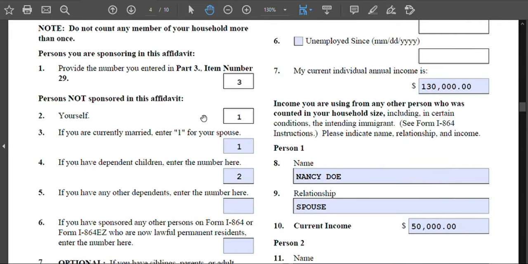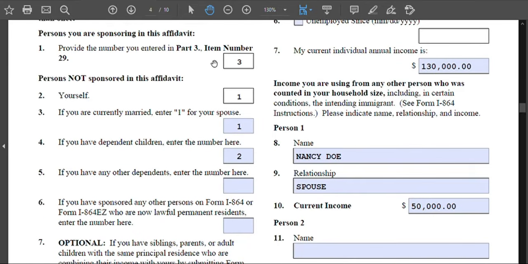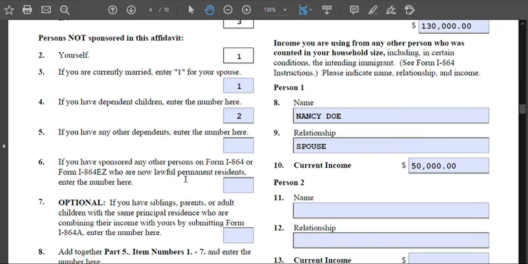So this is how you would calculate the household size. As a joint sponsor, you do not have to include the petitioner, so the person who is submitting all of the immigration paperwork for their relative. You don't have to include them. However, all the intending immigrants will be listed on the household size.